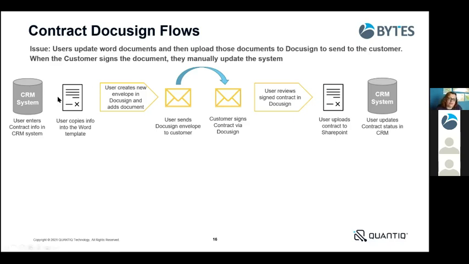They manually put that into a Word document. They then create a new envelope in DocuSign, add the Word document into the envelope, and send it to the customer. The customer then signs the contract, hopefully, via DocuSign. The user goes into DocuSign, uploads the now signed document into SharePoint, and then manually goes back into CRM to update the contract status.